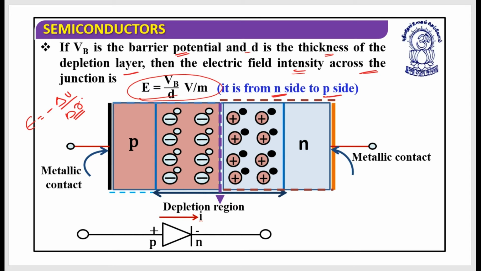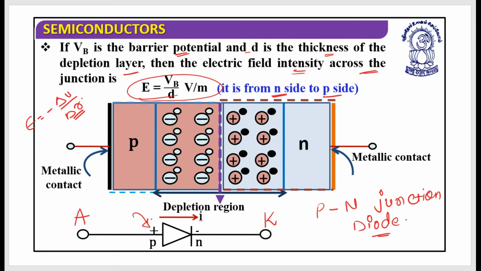And this is considered simply a PN junction diode, and this is the symbol of the PN junction diode. This electrode is known as the anode, and this electrode is known as the cathode.